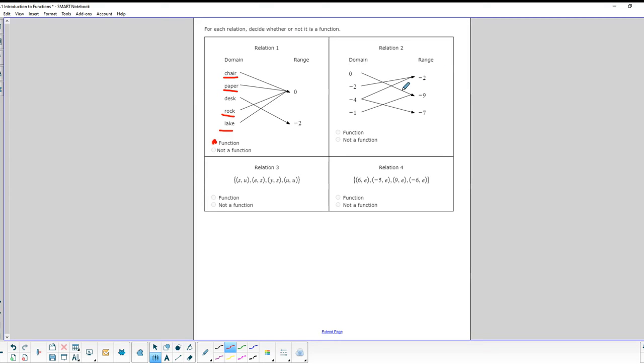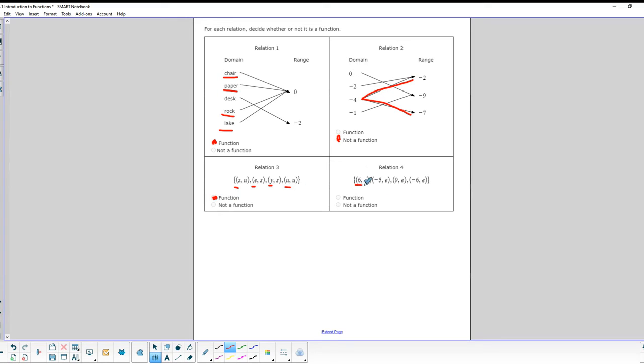On this one, 0 goes to 9, 2 goes to -2, but 4 has 2 numbers that it goes to, -2 and -7. And so that makes this one not a function. Okay, this next one, we have nothing but letters, but let's look at the first letters: S, E, Y, and U. As long as the first letters are different, this is a function.